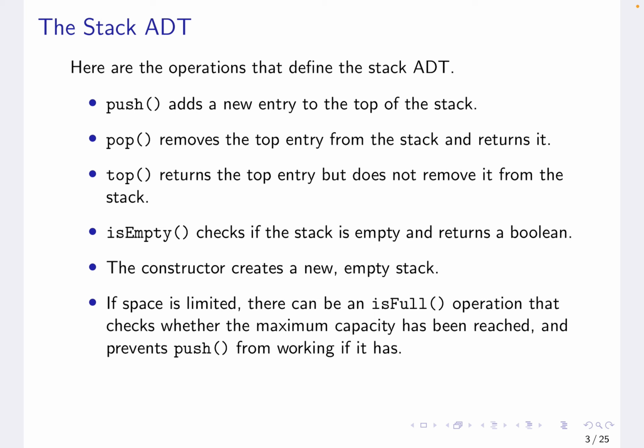In some algorithms, examples of which you'll see later, it's sometimes useful to just check what the most recently added item is while still keeping it in the data structure. Is empty checks if the stack is empty and returns a Boolean. And the constructor creates a new empty stack.